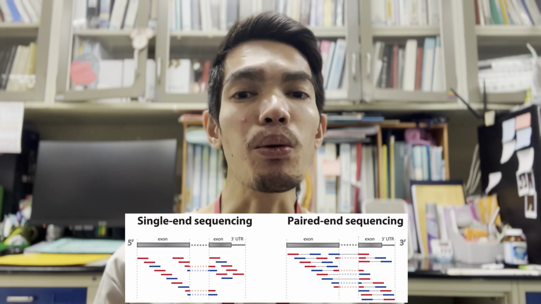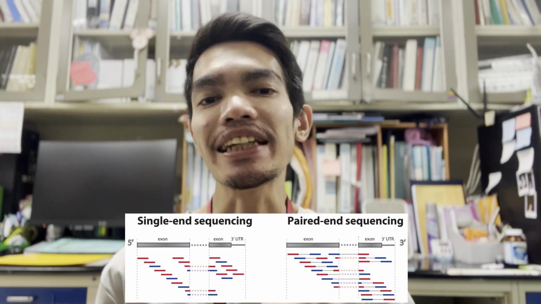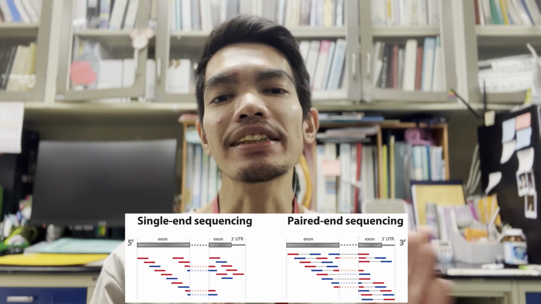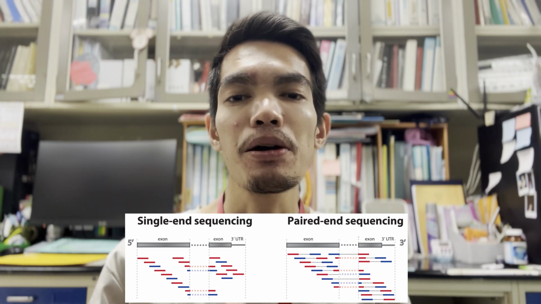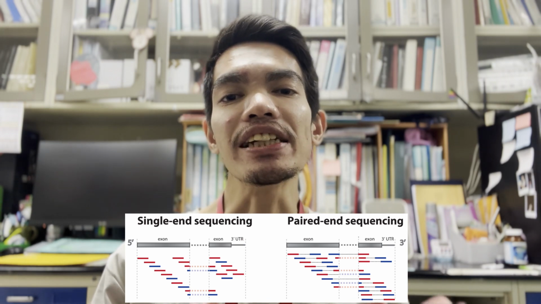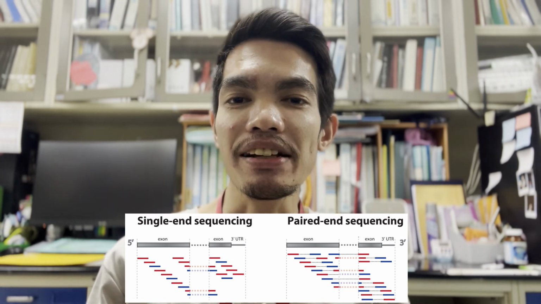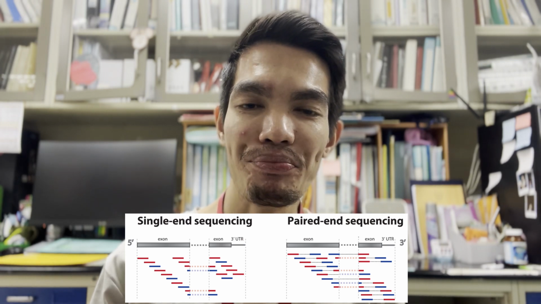Now remember, only mature RNA have the introns taken out, and therefore reads that span these exon junctions are very informative and would mean that these reads are aligning to mRNA rather than contaminating genomic DNA.